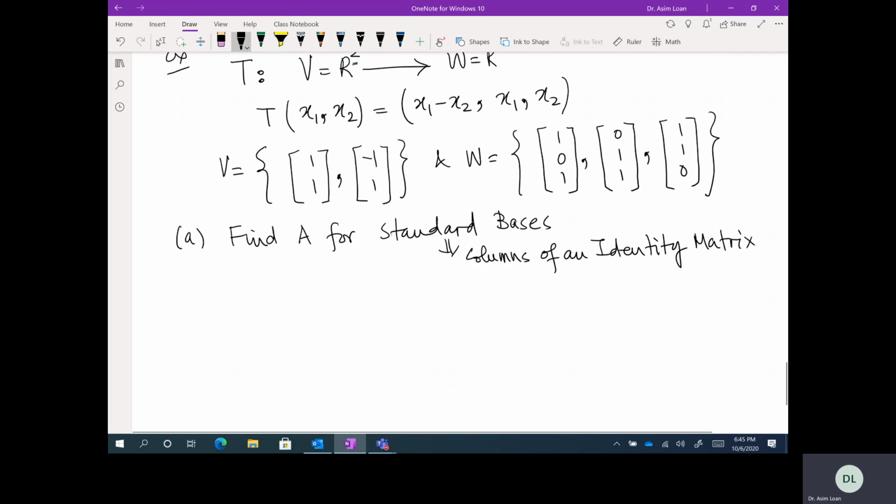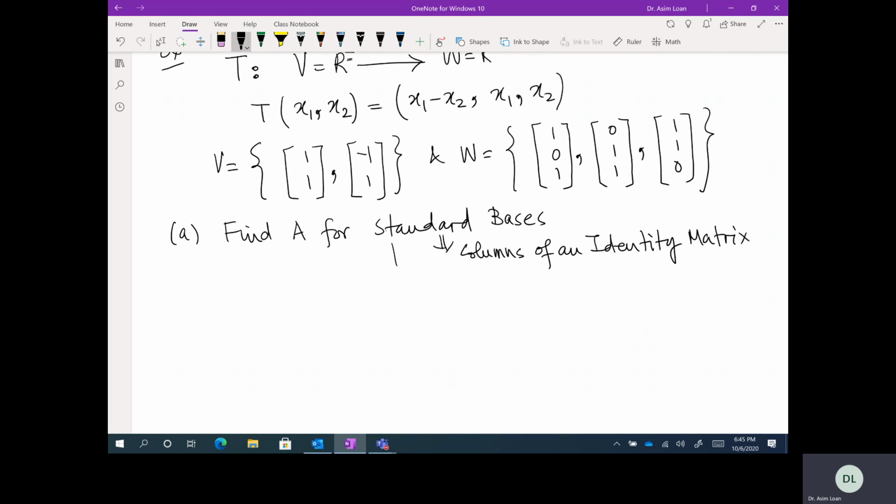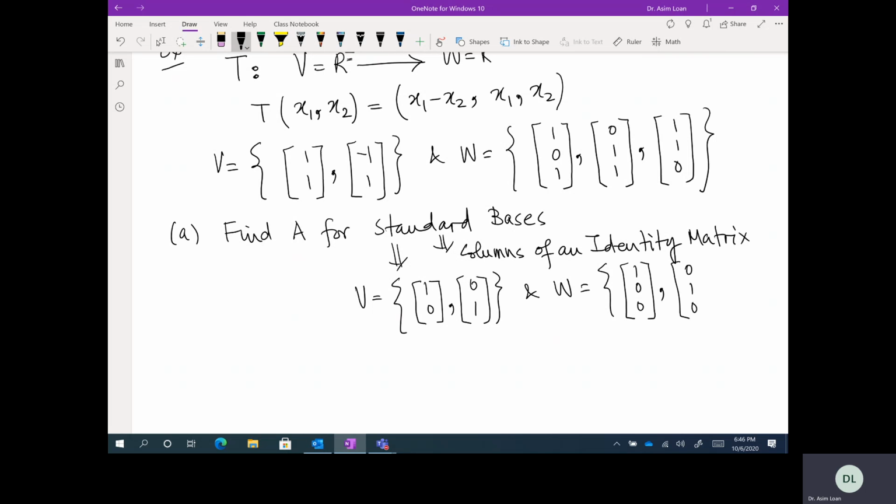Meaning for V, they will be (1, 0) and (0, 1), and for W, these will be (1, 0, 0), (0, 1, 0), and (0, 0, 1).